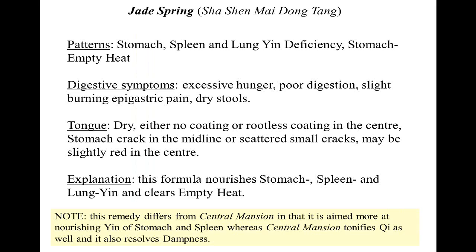Jade Spring is more for yin deficiency, so we're moving towards more yin deficiency of stomach. And the tongue indicating the use of Jade Spring is completely without coating. If you remember, the tongue indicating the use of Central Mention was partially without coating.